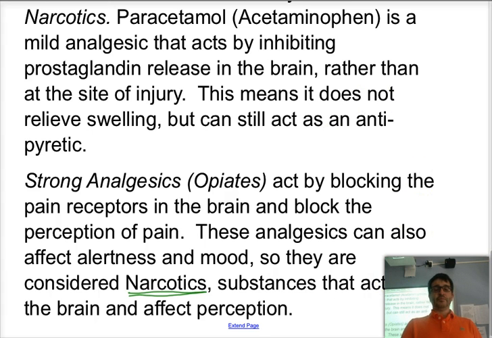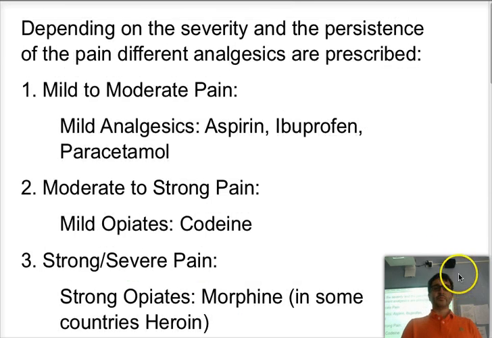All right. The analgesics that you're going to use are going to be depending on the type or severity of your pain. For mild to moderate pain, you're going to use mild analgesics. We're talking about aspirin, ibuprofen, paracetamol, things like that.